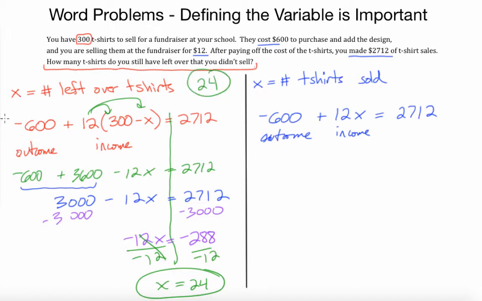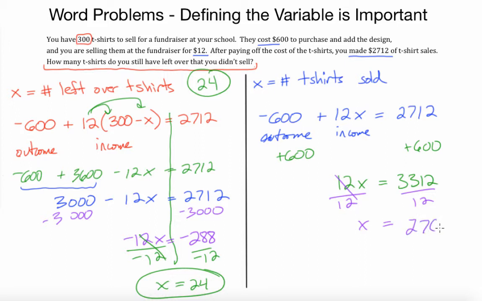But now let's take a look at this other one here. So I've got negative 600 plus 12x. I'm going to add 600 to both sides. 2,712 plus 600. And I get 12x equals 3,312. I'm going to divide both sides by 12. And we see x equals 276.